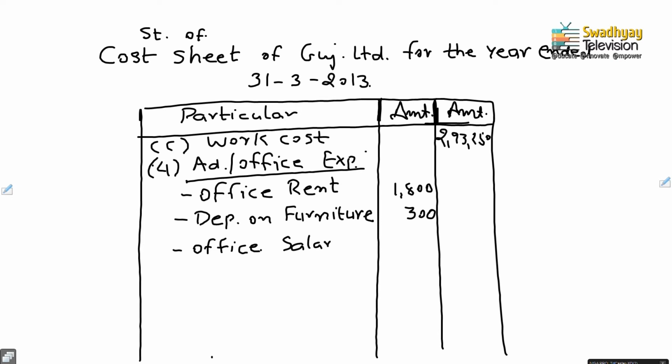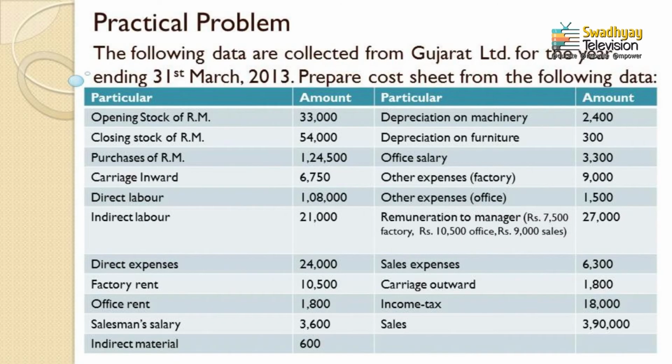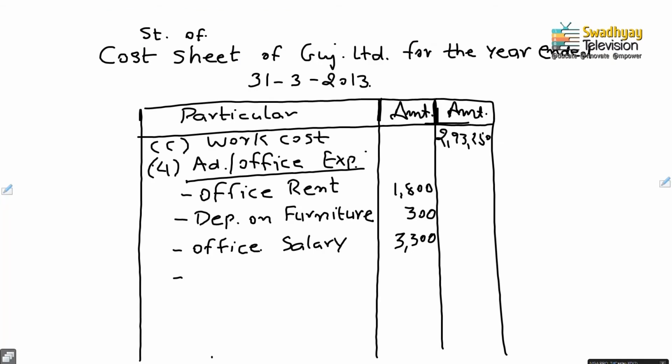So naturally it is expensed under the office expenses or under the admin expenses, which is 3,300 rupees. Then the next item is other expenses, which are very clearly related to the office, 1,500 rupees, recorded under the office overheads.